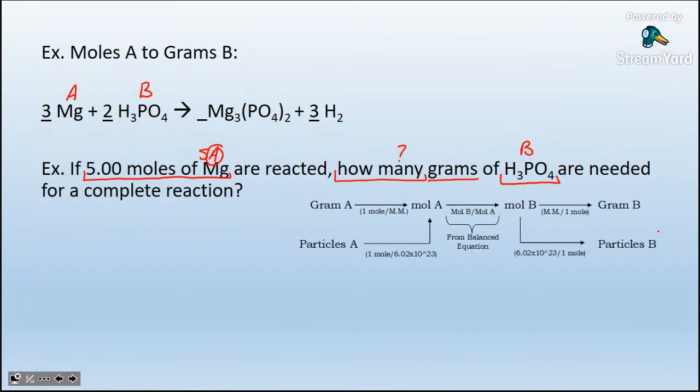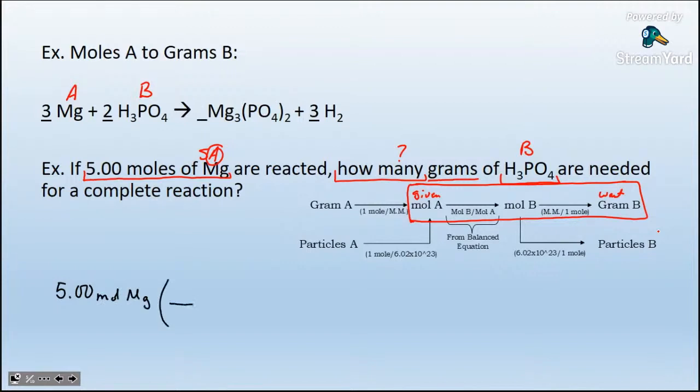And if I think about the roadmap, I'm given moles of A, and now I want grams of B. So all I'm going to need is this section of that roadmap. So let's go on and work this problem. So my 5.00 moles of magnesium.